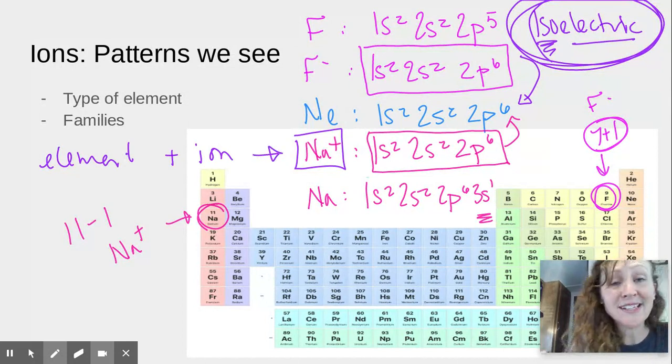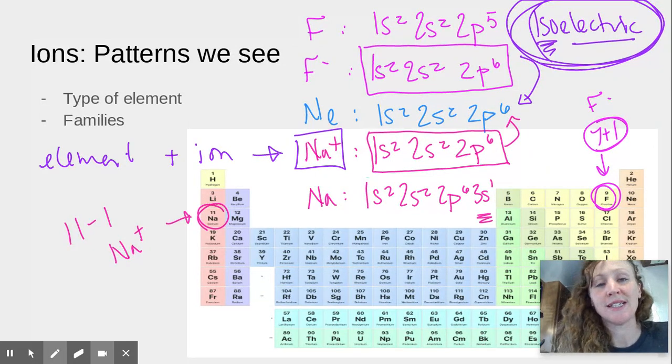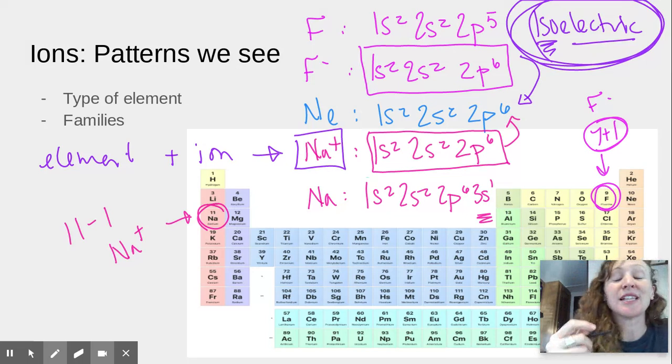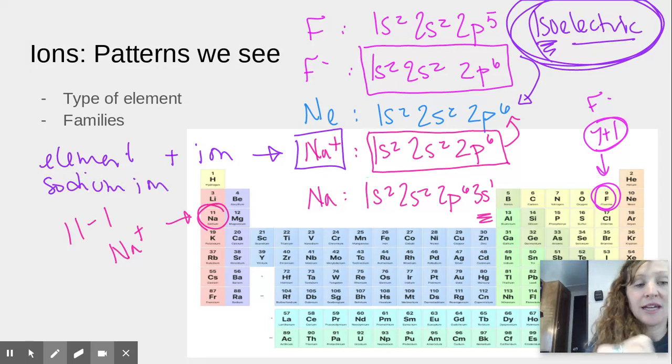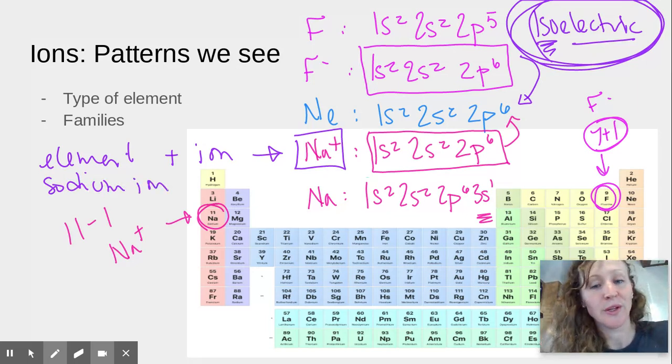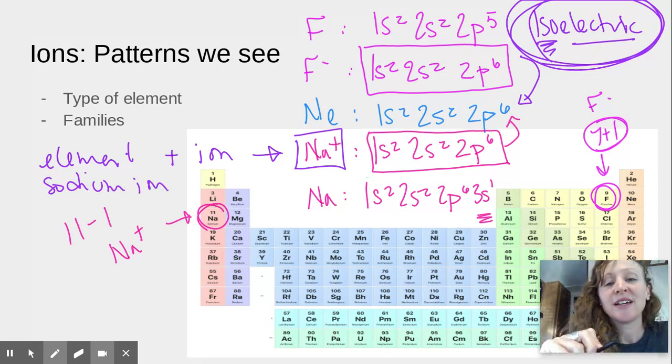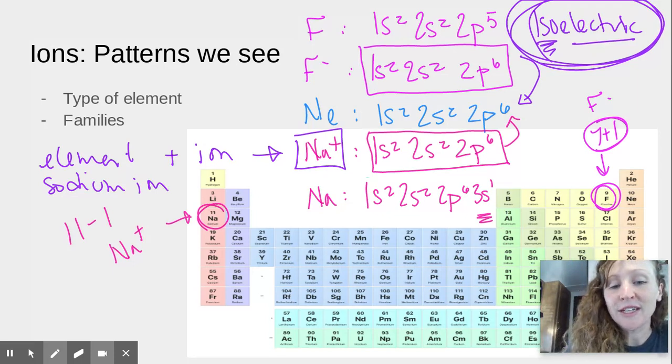So for positive ions, it's super easy. So this is literally called the sodium ion. Na plus is called the sodium ion. What would Mg2 plus be called?